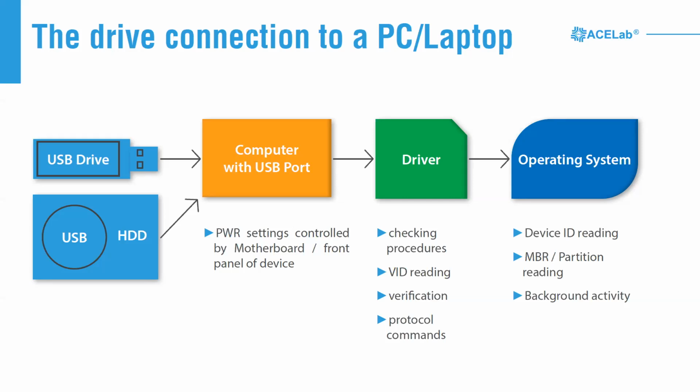And of course, this background activity can add some additional problems to your drive. Windows can also try to run check disk in the background, and if the drive is in bad shape, this background check disk might be a real problem and the main reason why the drive becomes absolutely dead.